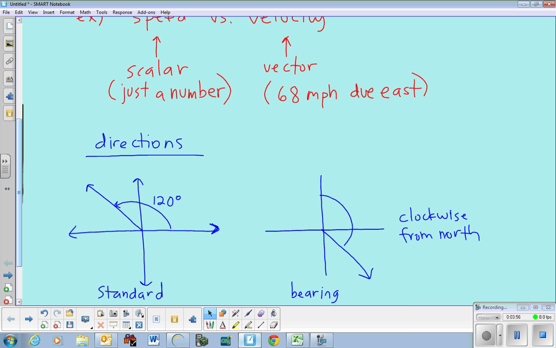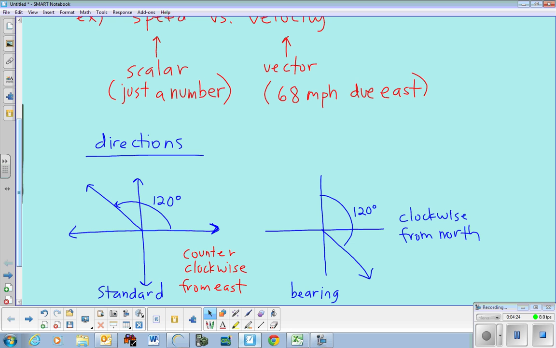Whereas, like I said, the standard position is counterclockwise from east. So depending on the wording of the problem, if it says the word bearing, then you're going to need to use this system over here where we start north and work our way clockwise, versus standard position, which is shown on the left.